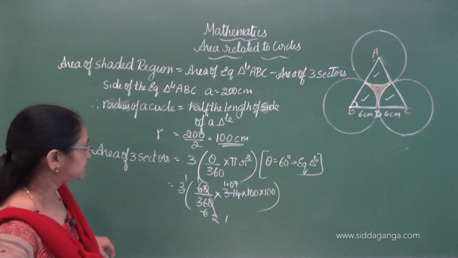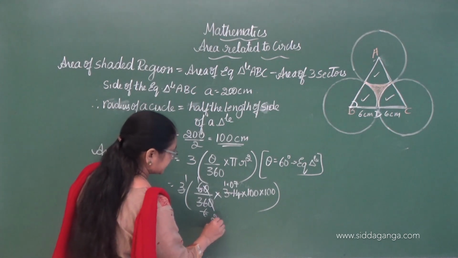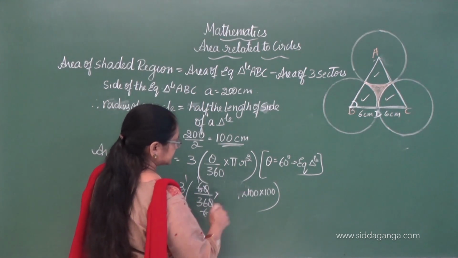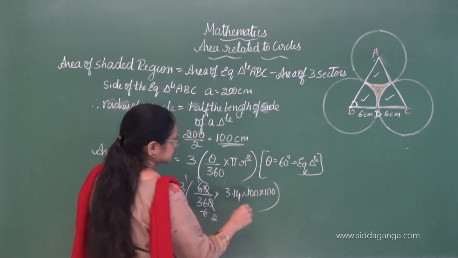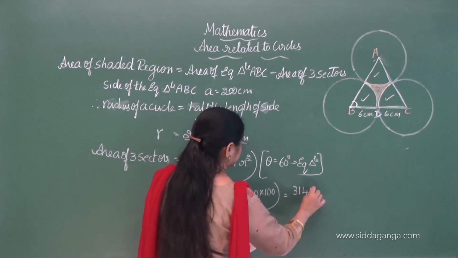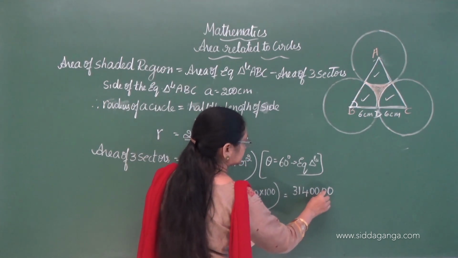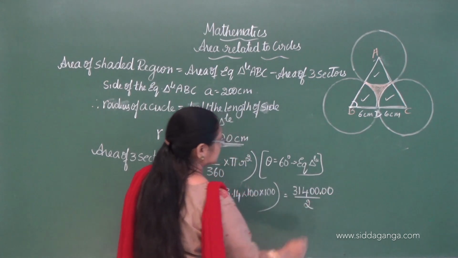Either way you can do. So I won't calculate everything here. See, 3.14, so this will be 314. Divide by 2.